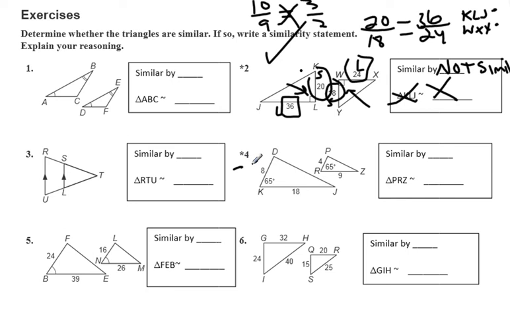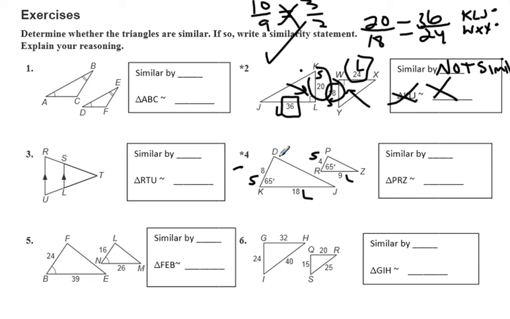Number 4, same thing. We have a side, an included angle, and the included angles are congruent in both, and then a side. So first thing I'm going to do is compare my side lengths in each triangle. This is the small side, this is the large side, this is the small side, this is the large side. So when I set up my ratios, I want to set up small over small, large over large.